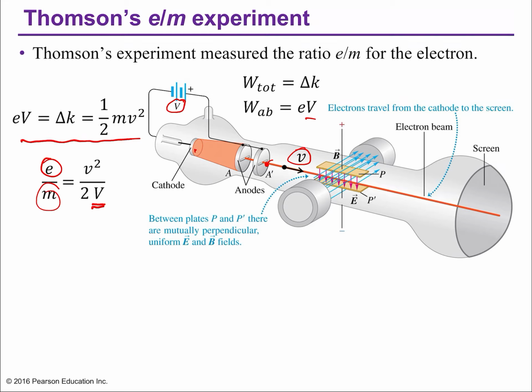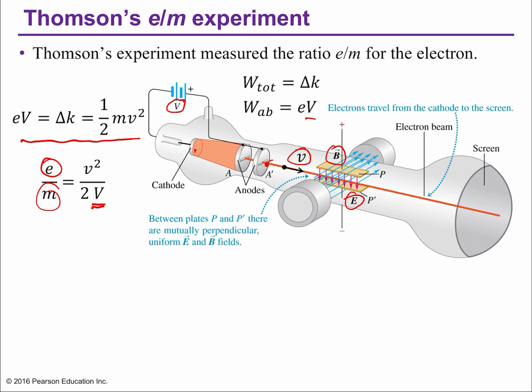V is the potential difference. If we adjust the value of the magnetic field and the value of the electric field in the velocity selector, then we can get the particles to move through it undeflected.